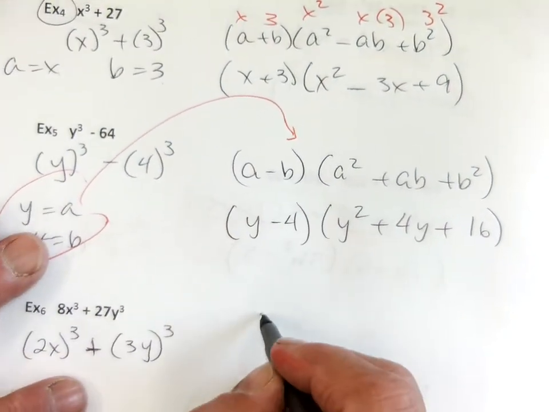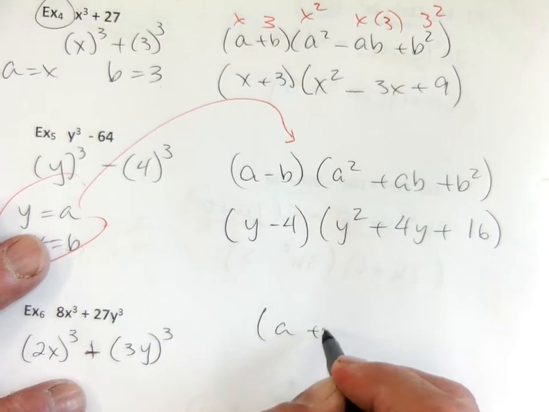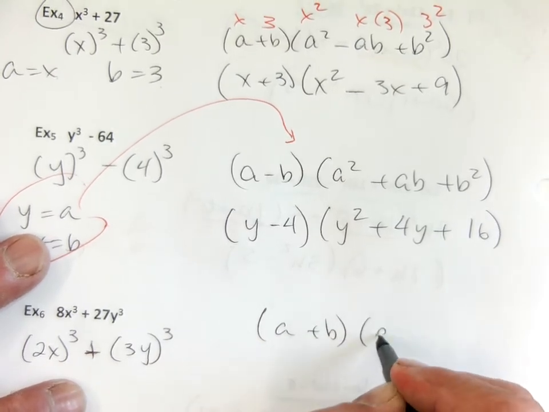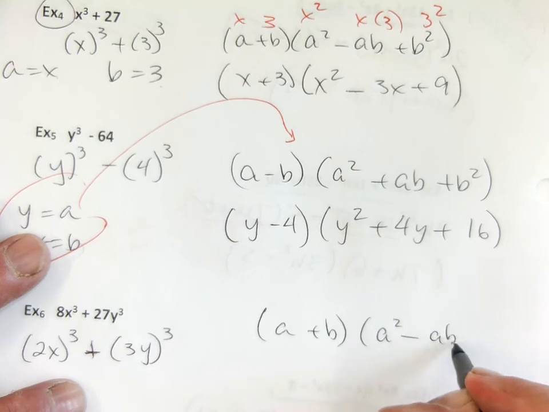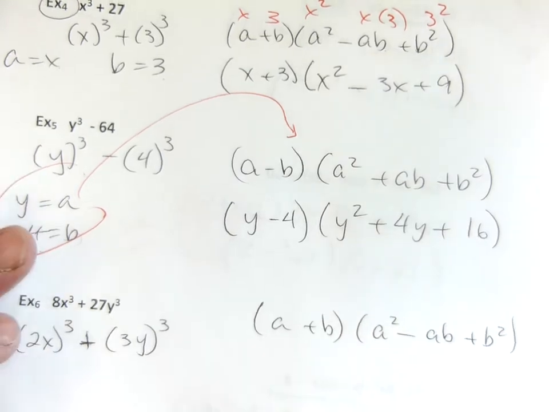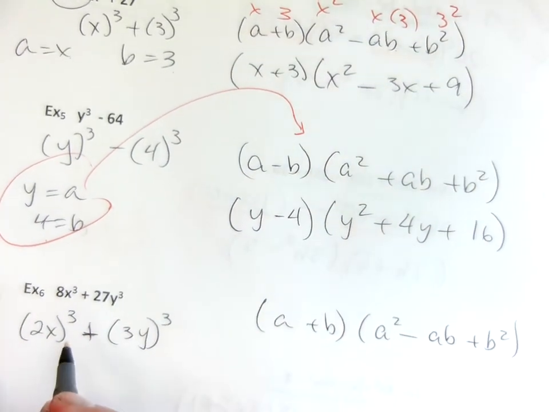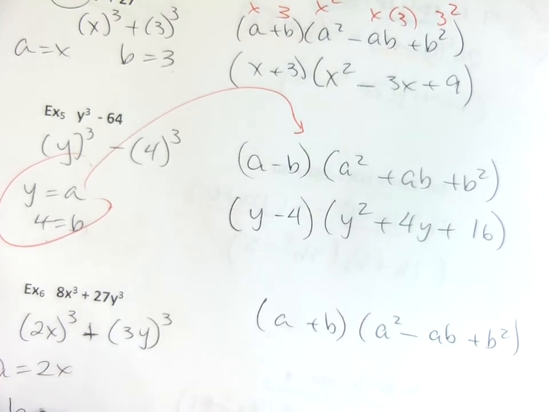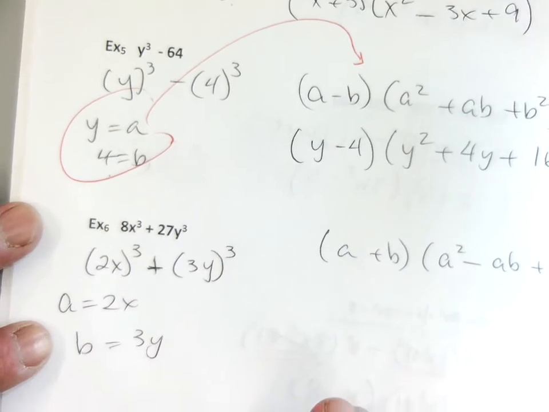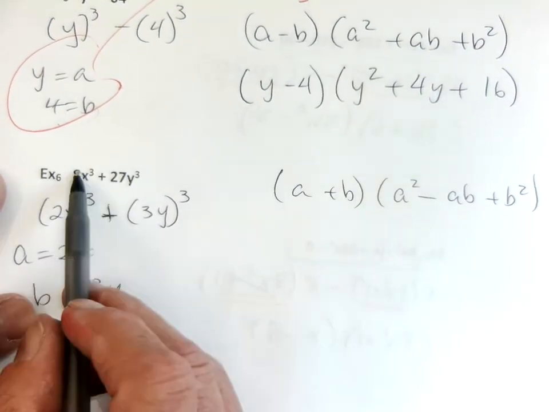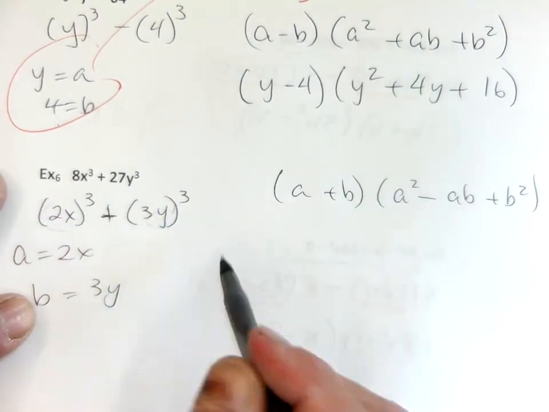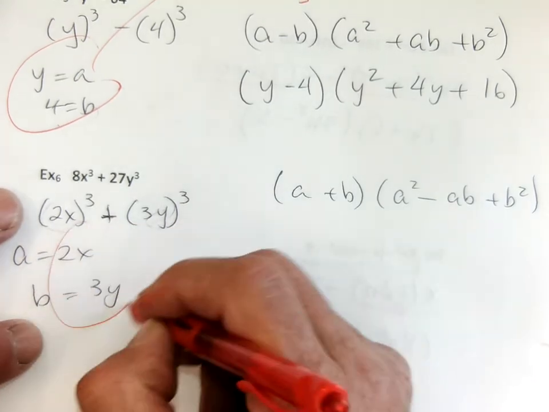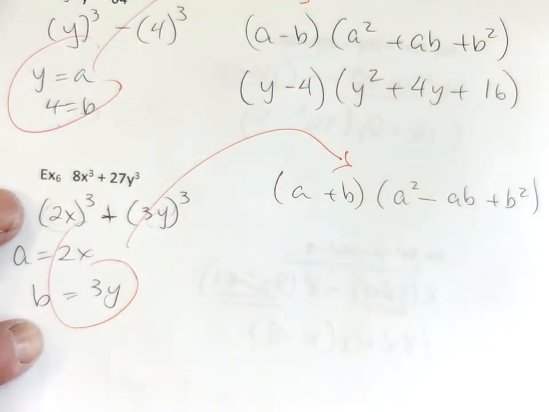I'm going to use my a plus b, my a squared minus ab plus my b squared. And I'm just going to plug. So my a is going to be 2x, and my b is going to be 3y. There's my a, and there's my b, and I'm just going to take these values and plug them in, right?